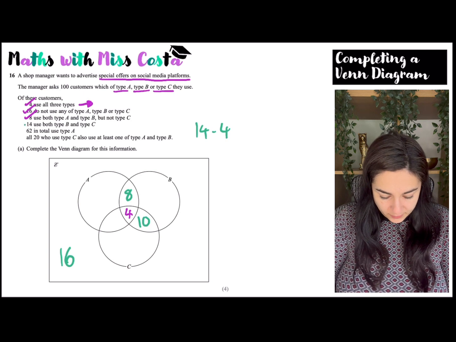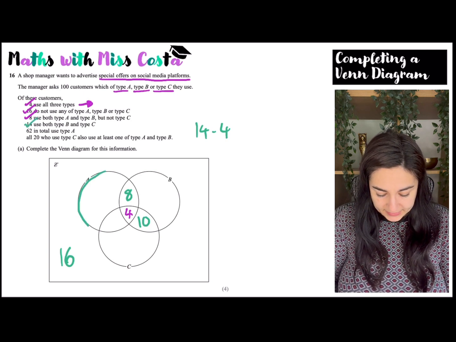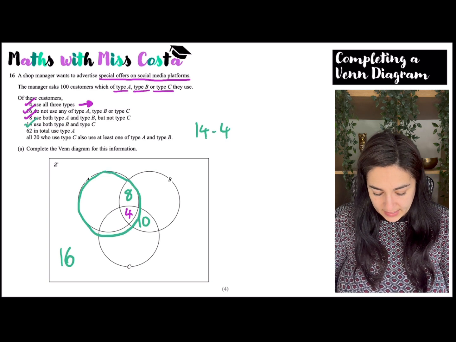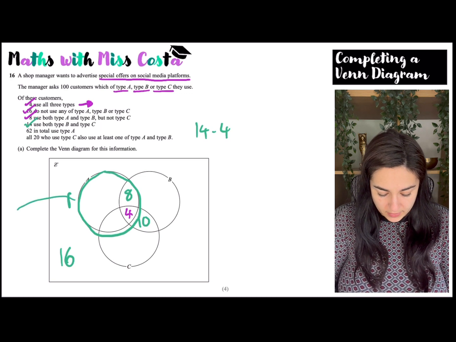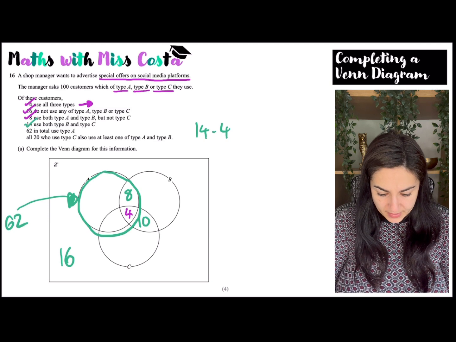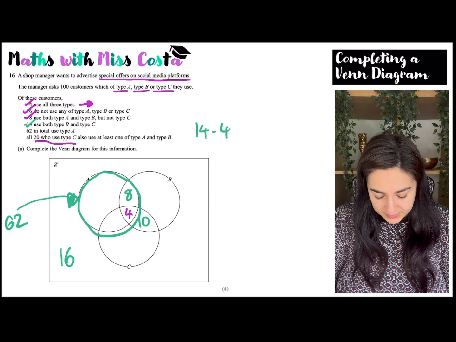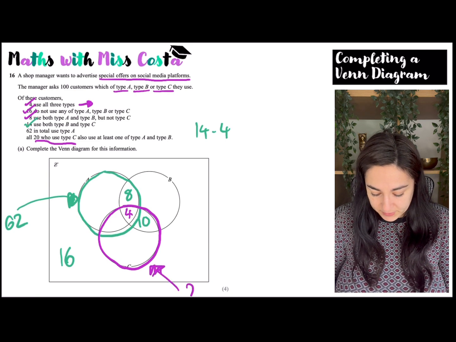Next, I've got 62 in total use type A. So here is type A, and all of this must sum to 62. So I'm going to leave that for later in case I have some information that I need to put into the intersection of A and C. And then it says all 20 who use type C. Okay, so I know that all of this must sum to 20.